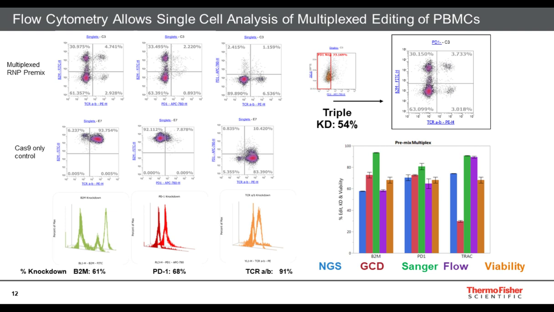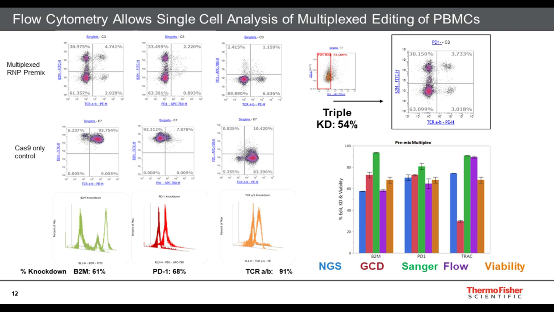And just remember here, this was N of 3. So with flow cytometry, I just had to put the plate in and run 3 wells. To get the equivalent data here that's represented in this graph via NGS, GCD, and Sanger, I actually had to multiply that by 3 again and look at each of these targets individually, meaning I'm really just getting an estimate here of what I think my triple knockout efficiency would be based on statistical analysis.